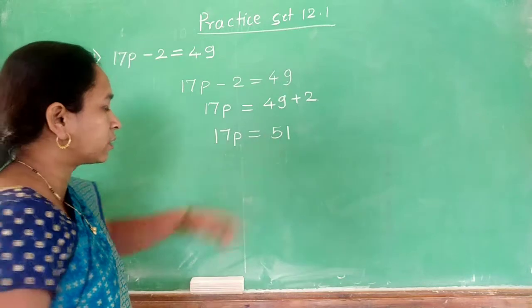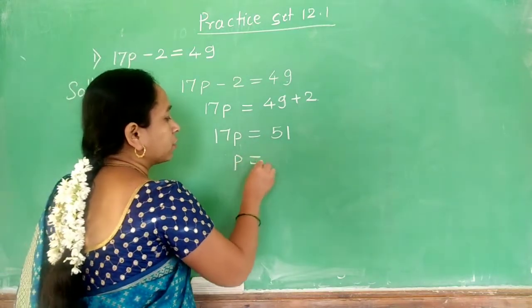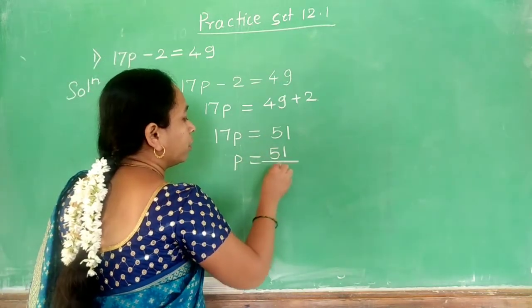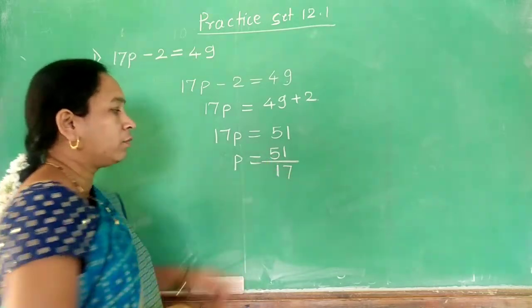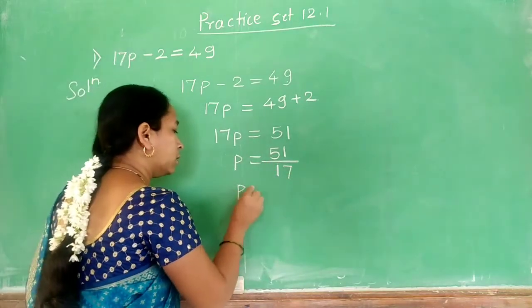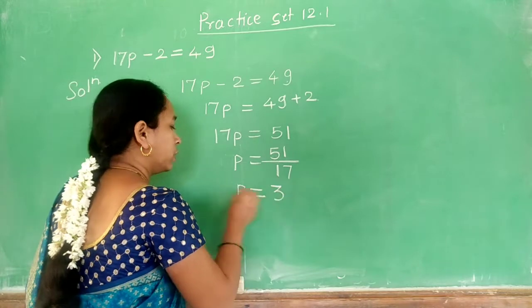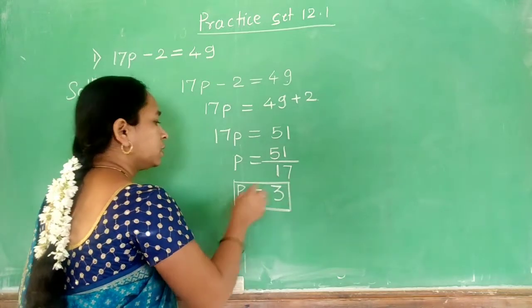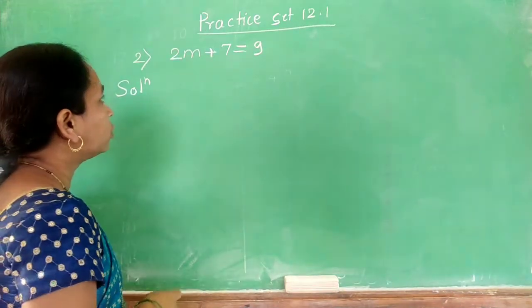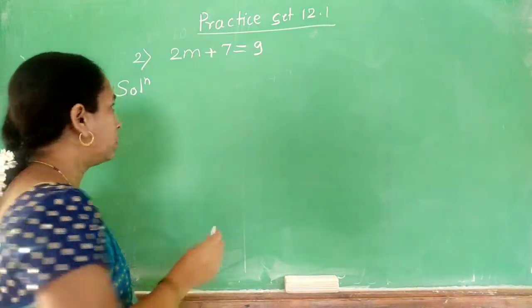Now 17 transfer it on that side, so p is equal to 51 upon 17, and if you divide it, we will get the answer p is equal to 3. 17 3s are 51.